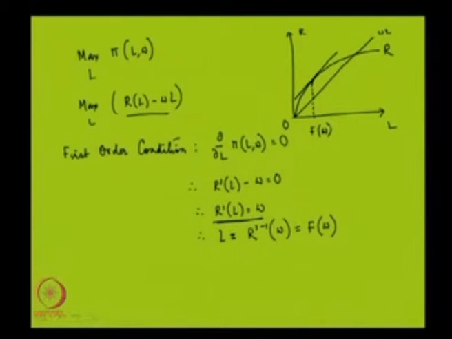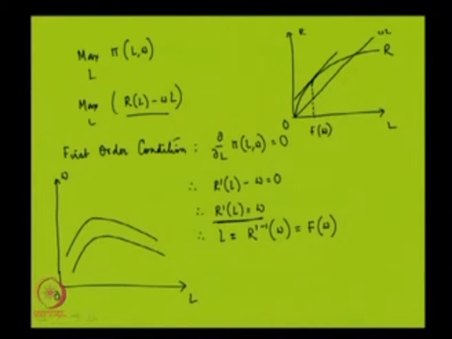What is the reflection of this analysis, this f of W, in terms of the isoprofit curve? It will look like the following. Remember, there are plenty of isoprofit curves. Now, what this is saying is that L is a function of W. At any given level of W, what is the L that maximizes the profit?